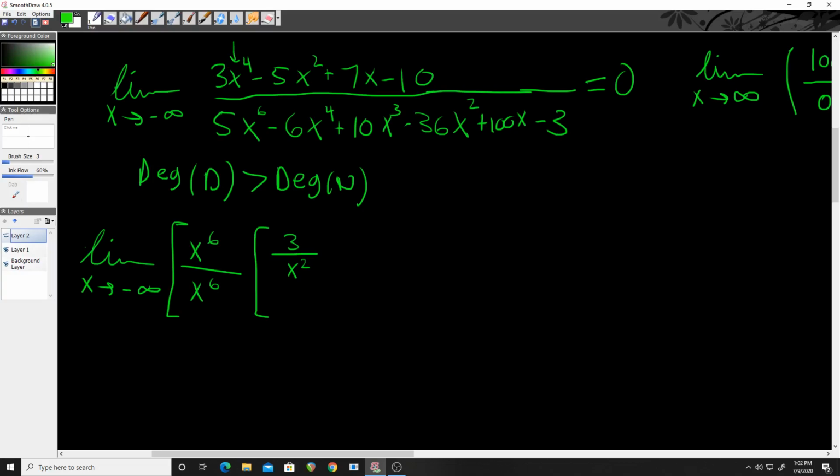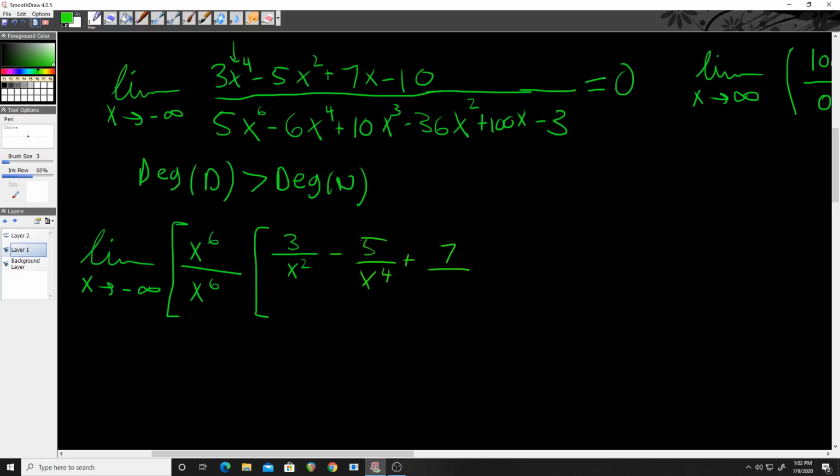I'm factoring x to the 6 from x squared, so I need to divide by 4 factors of x. Plus 7 over.